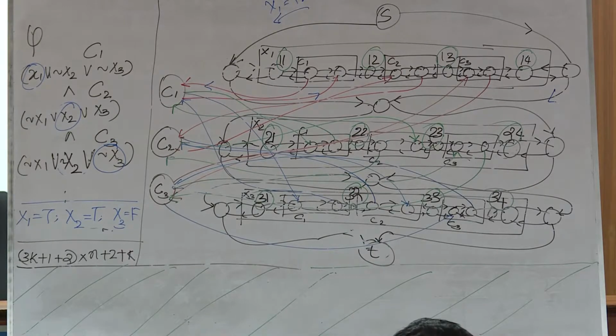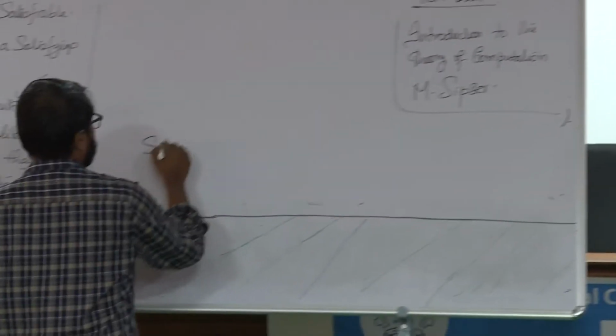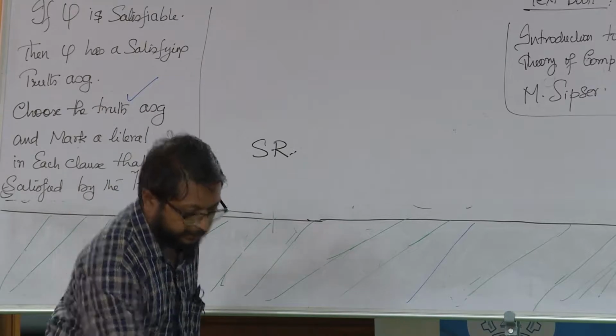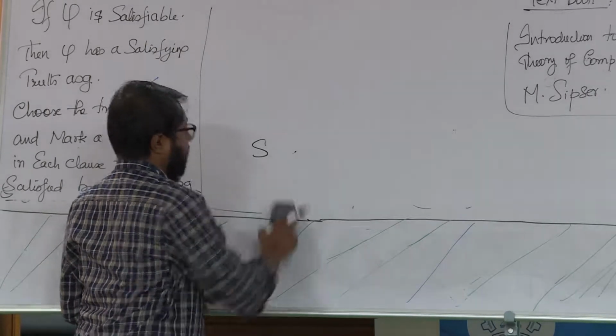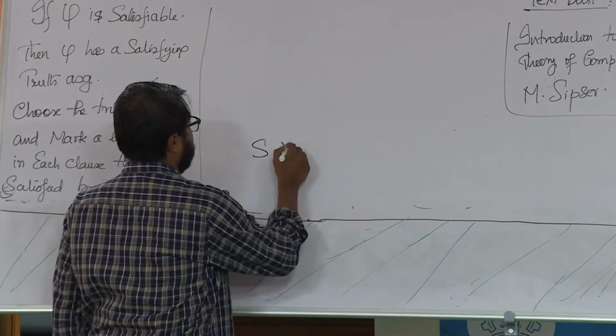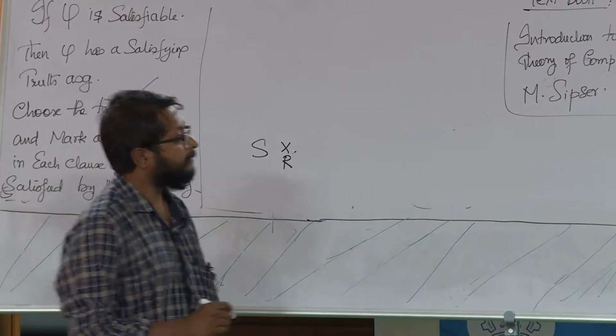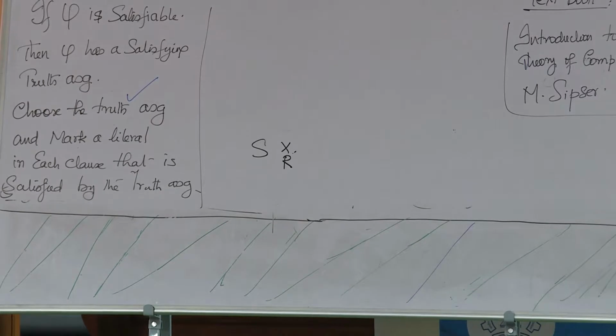Which way do you go? Okay, so from S I go right. To make this clear, I'll traverse the x1 gadget from the right. Then you reach 1 4.